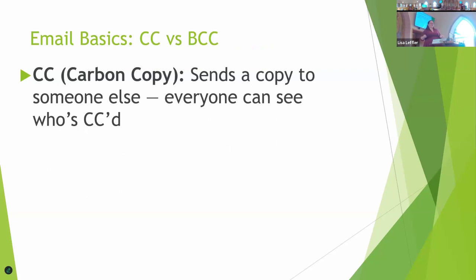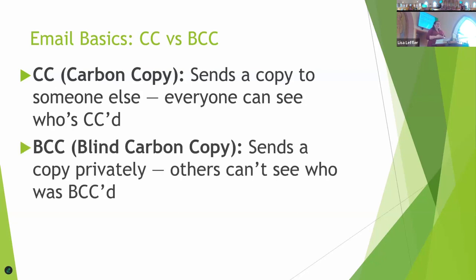To and carbon copy function essentially the same, but having To highlights that there's one person that you wanted to send it to, and then carbon copy is people who are going to be copied in on the email. So for example, if you're in a meeting and there's been a problem with the minister, so MMP has to send her a message, they would put To Heather, and then they would, in the carbon copy line, put all of the other members of MMP so that they have a copy of it, but we know that it is addressed to the specific person.